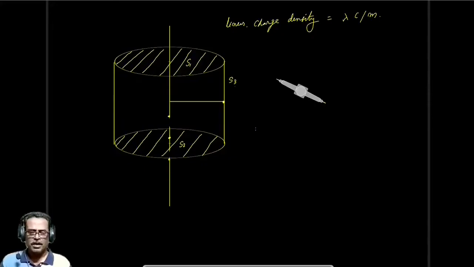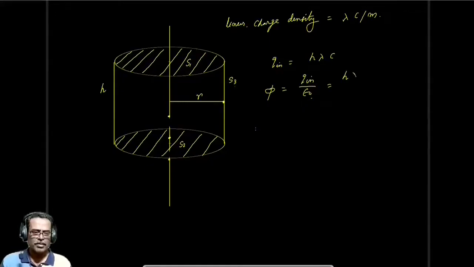If the radius is r and the height of the cylinder is H, the total charge inside the cylinder, Q in, is equal to H into lambda coulomb. Therefore flux phi is equal to Q in by epsilon 0, which is H into lambda divided by epsilon 0, and is equal to the integral of E dot ds.